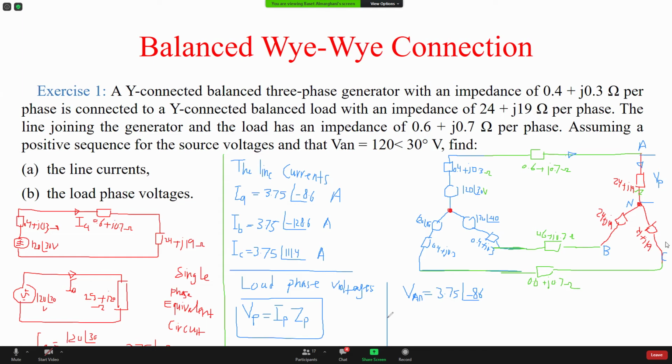Maybe I should write that down. I'm gonna write that down because people will get confused before this. So I have to find the phase currents, so I can apply it here.